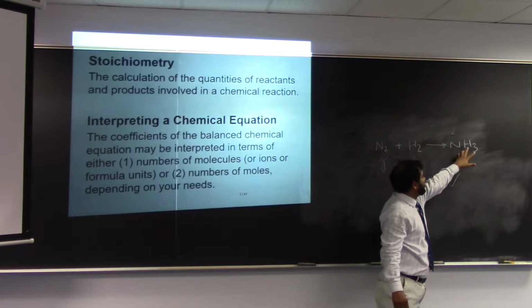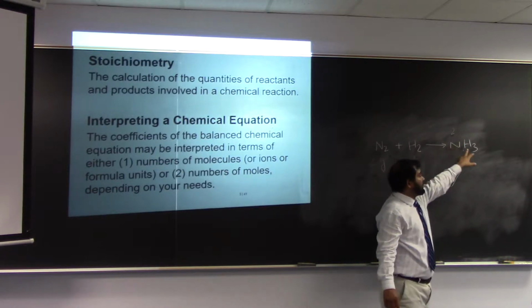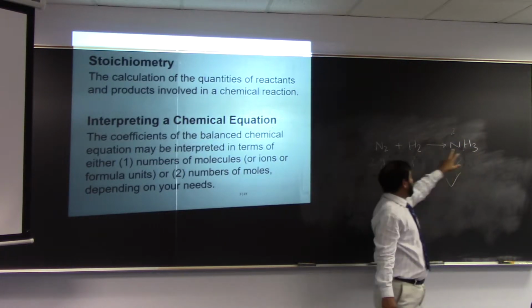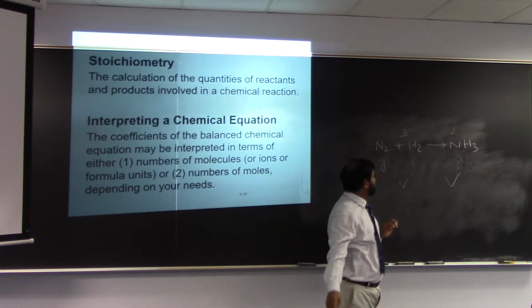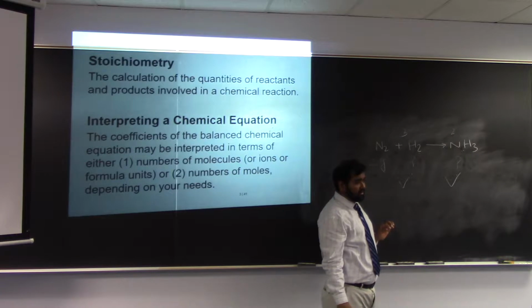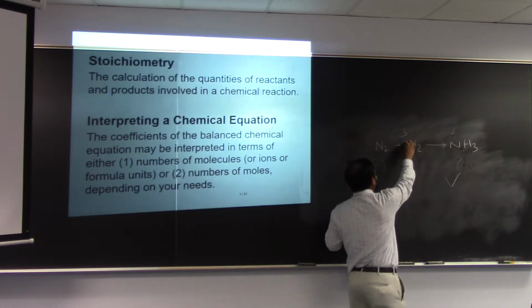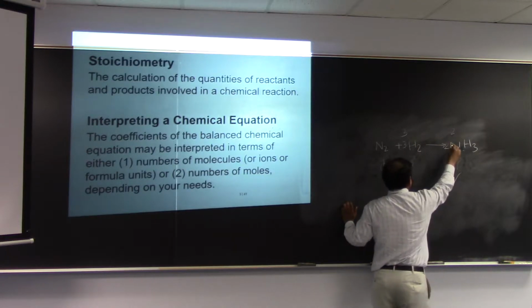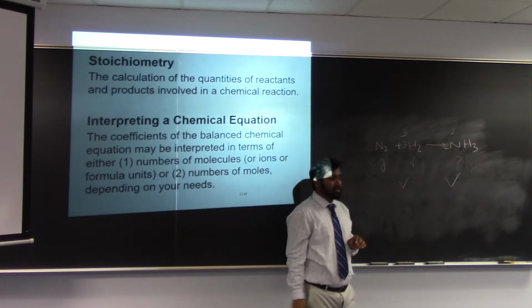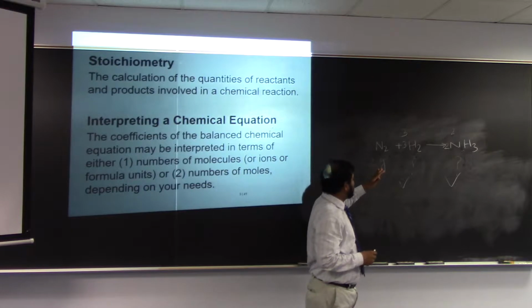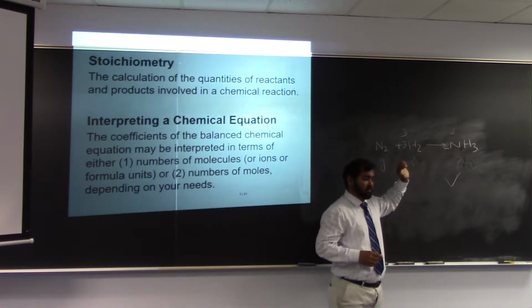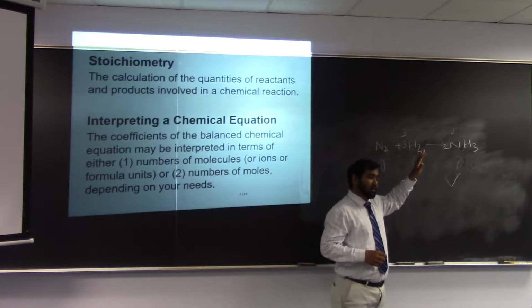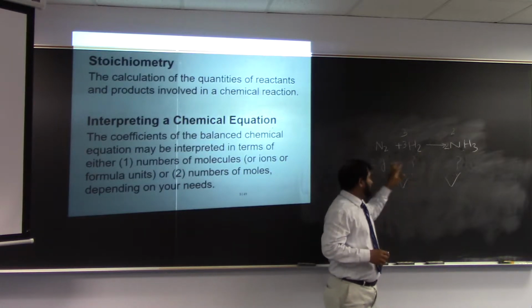How about hydrogen? If you put 2 in here, there will be 6 hydrogen. But I have here only 2. So if you put 3, there will be 6 hydrogen. Both sides are equal. Now you see they are fine. Now you can put it as a prefix. So this is a balanced chemical equation. Then you'll be able to calculate how much hydrogen 2 grams will be reacting with, in terms of mole or gram.